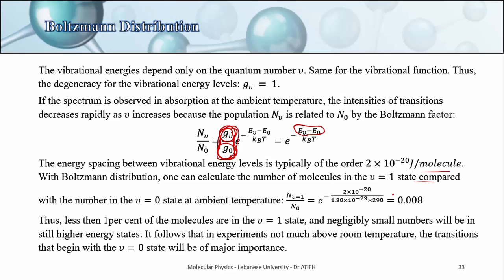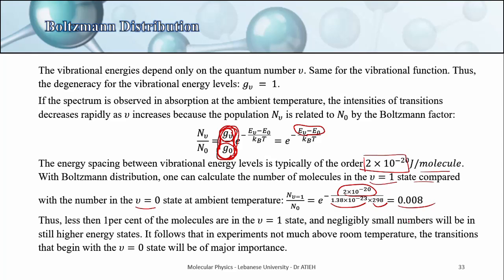So let's calculate how many are found in the level nu equals 1, with respect to the molecules found in the level nu equals 0. So all we have to do is n nu equals 1 over n0 equals exponential minus the difference between the two levels, approximately 2 times 10 to the power minus 20, over kB, the Boltzmann constant, times T, the temperature.